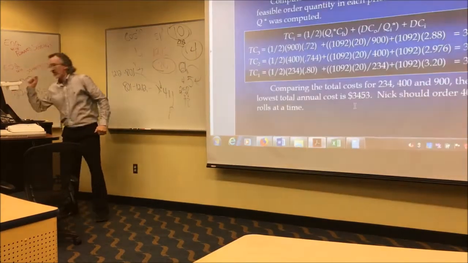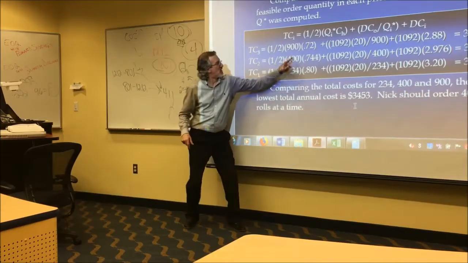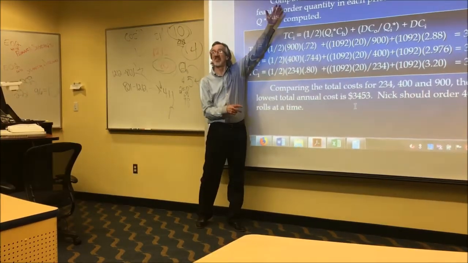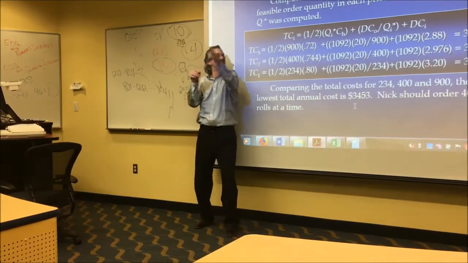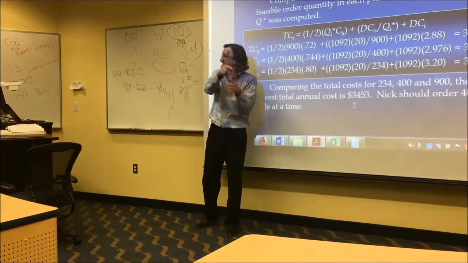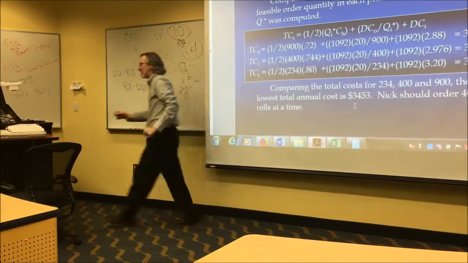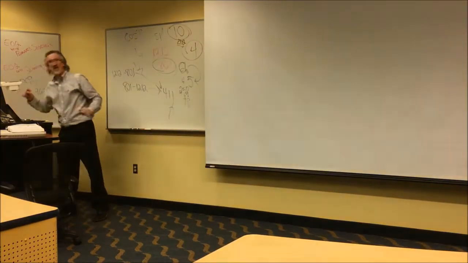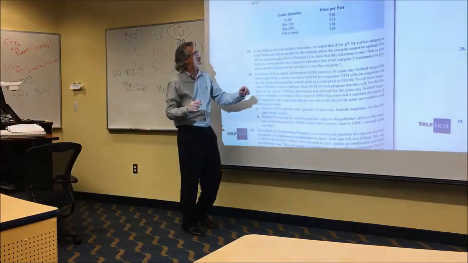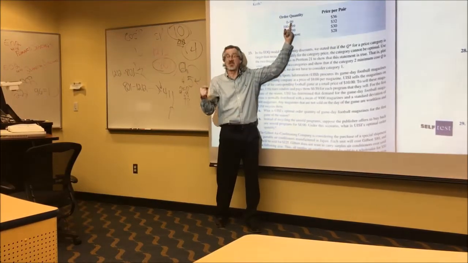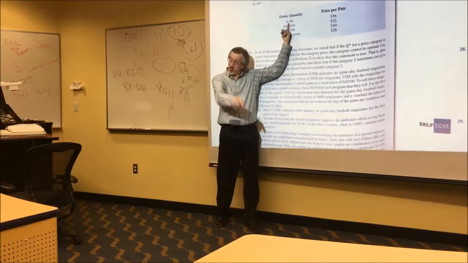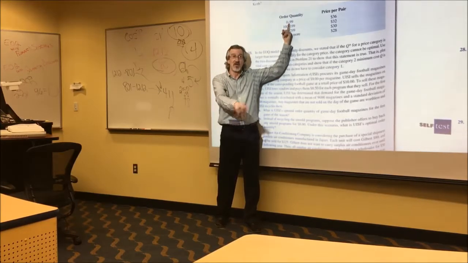They have a different Q because we did some math to figure out, okay, should we order an optimal quantity or do we have to order the minimum to get that price? Where does the optimal quantity fit? I want to make sure you get this: is the optimal quantity somewhere between 0 and 99? Because if it is, when we figure out that total cost, we're plugging in the optimal quantity.